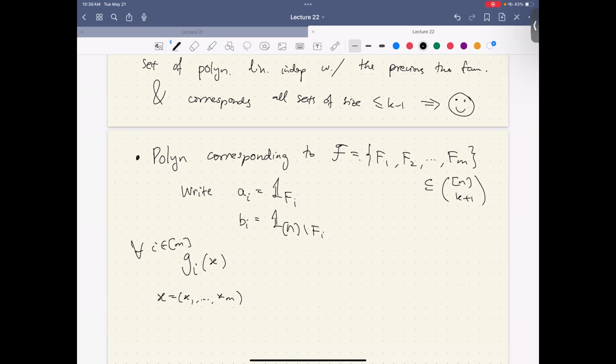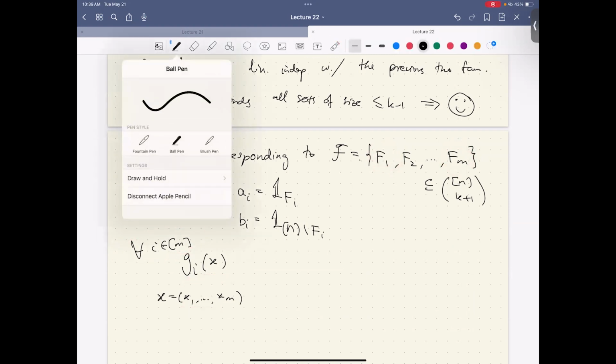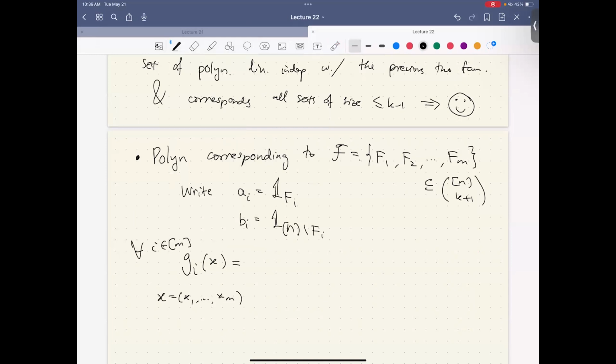For every element in the family, we're going to define the polynomial g_i. g_i is defined as the product, j goes from 1 to k, of x inner product with the characteristic vector of the complement of B_i, minus j.